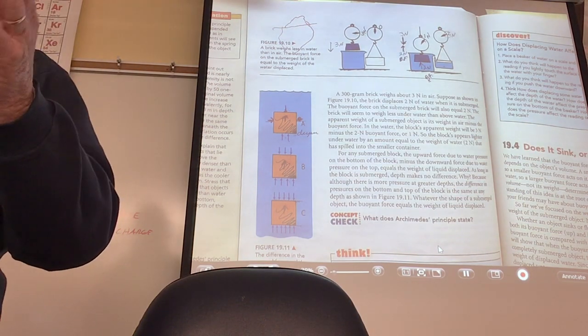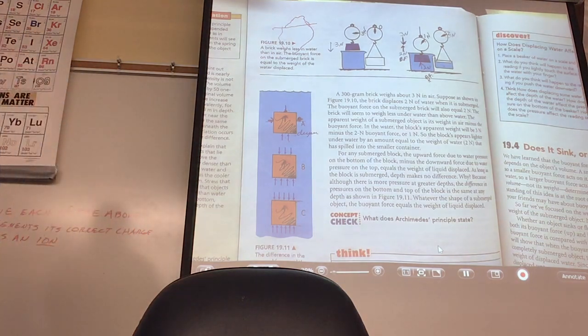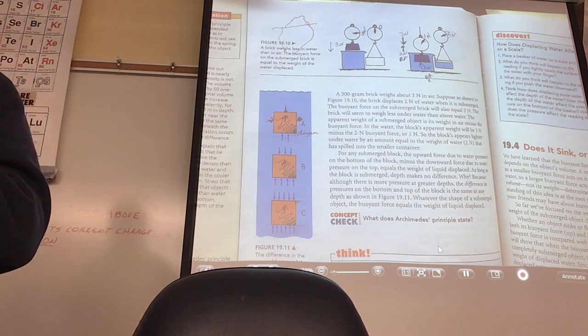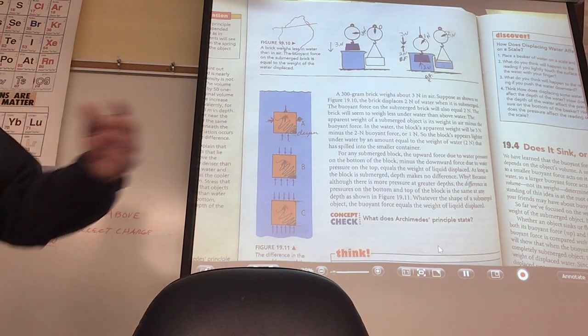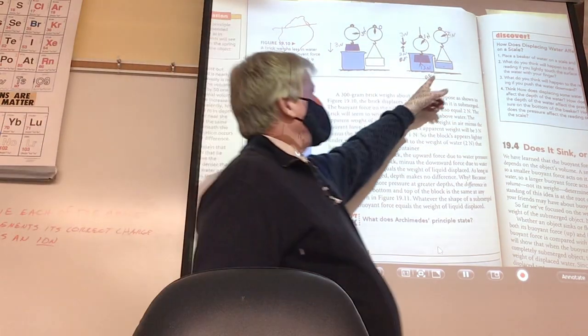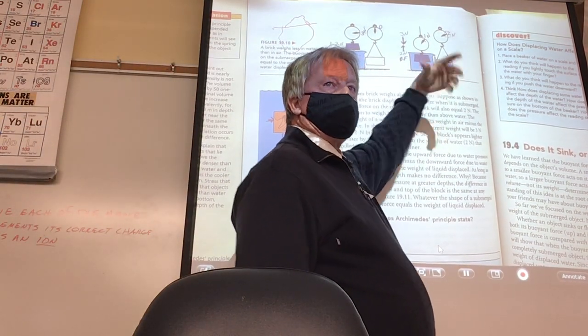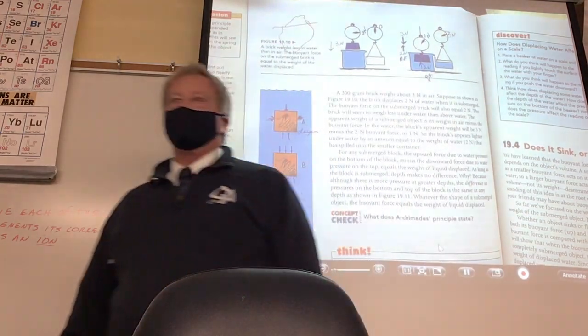He didn't know about newtons back then, but the buoyant force is equal to the weight of the water displaced. That's kind of weird. Who would even think about weighing the water? I understand if I took the volume of that water, put it in a graduated cylinder, that would tell me the volume of that material, wouldn't it? That's the principle of water displacement. But who would even think about weighing the water?